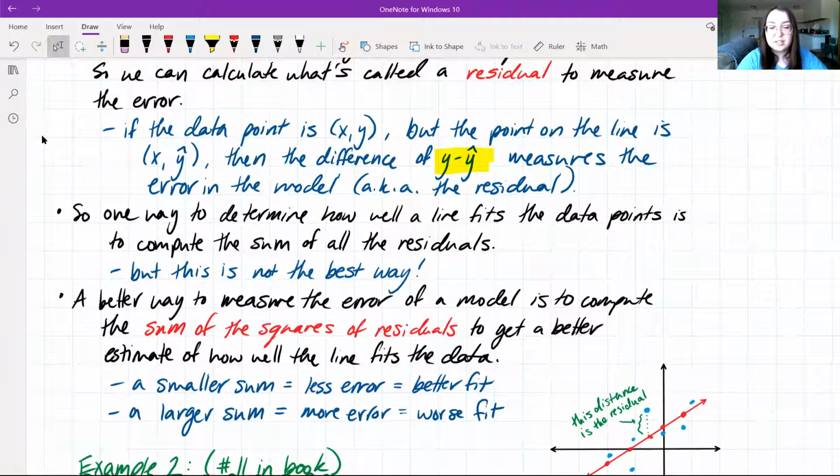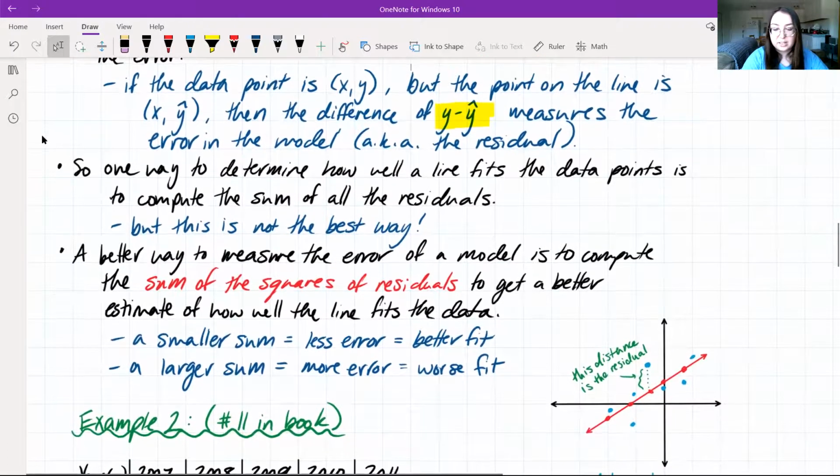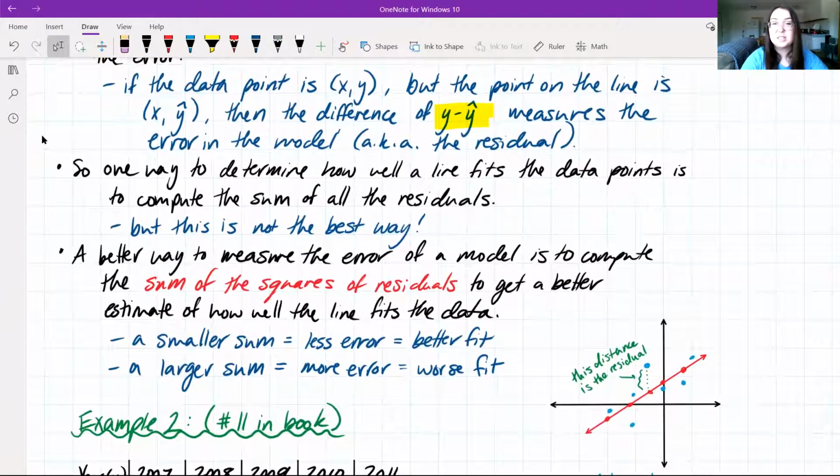Then the difference of y minus y hat measures the error in the model, also known as the residual. So that y hat value is what our linear equation gave us. But our x values are always going to be the same. The only thing that will change is going to be that y value.